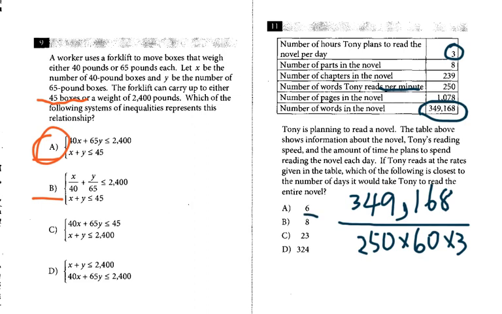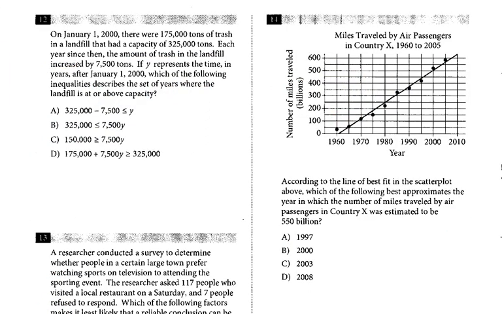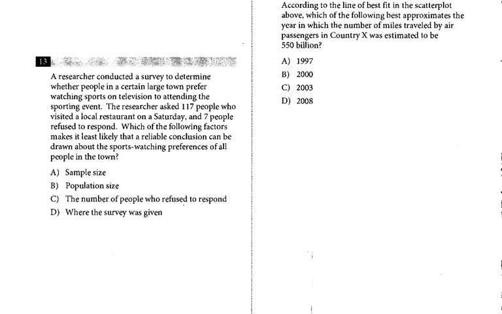That's close to 8. For number 12, when you read the problem, you could see it's above or at capacity. Definitely it will be greater than or equal to this. So that's the answer. For number 13, when you conduct a survey, you have to randomly pick the people.